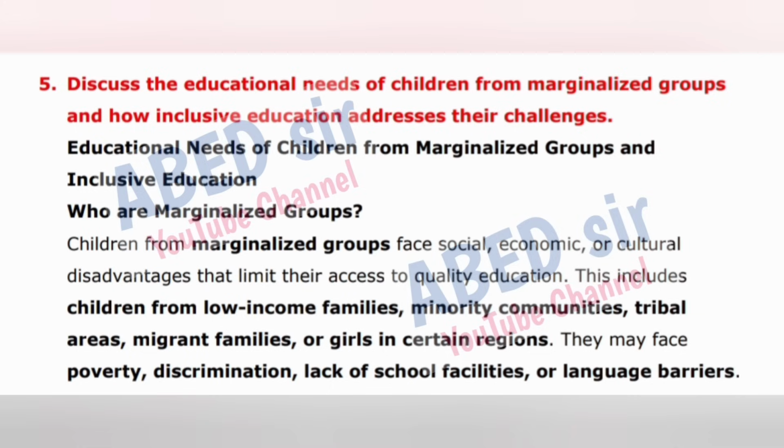Children from marginalized groups face social, economic, or cultural disadvantages that limit their access to quality education. This includes children from low-income families, minority communities, tribal areas, migrant families, or girls in certain regions. They may face poverty, discrimination, lack of school facilities, or language barriers.